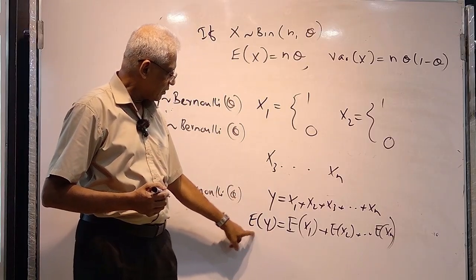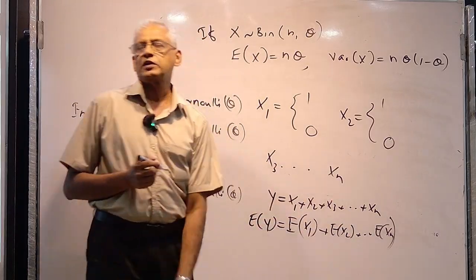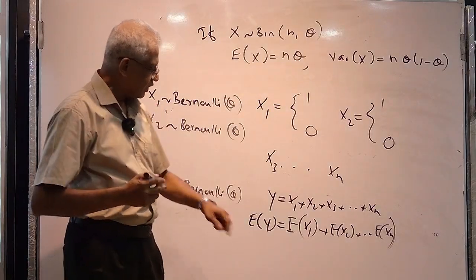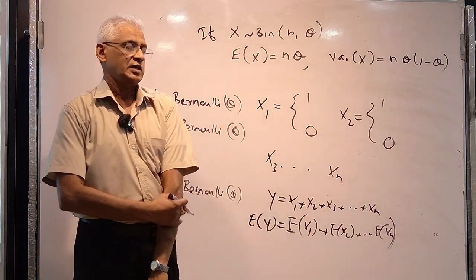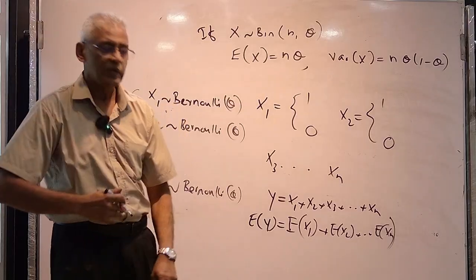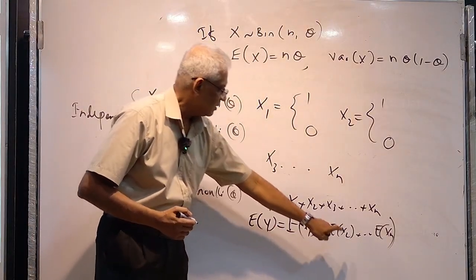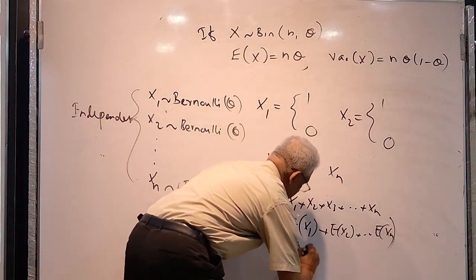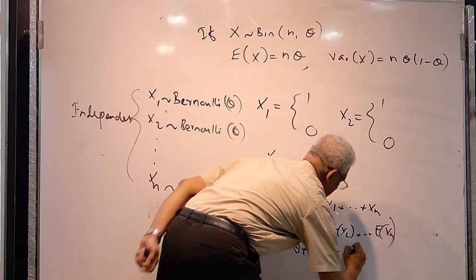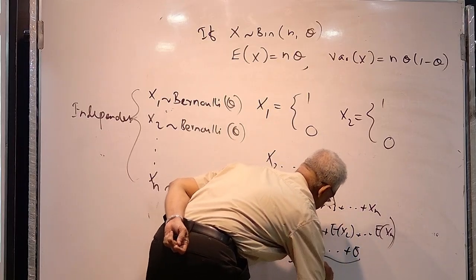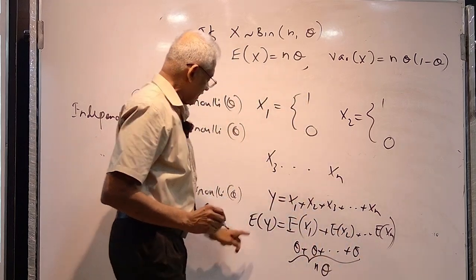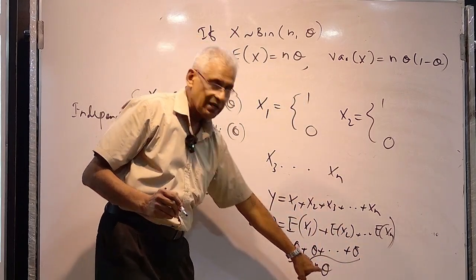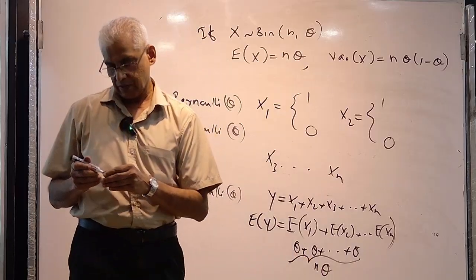Expected value of y should be equal to sum of the expected values of x1 up to xn, and we know from the Bernoulli distribution, this is theta, this is theta, this is theta. So therefore, theta plus up to theta n times. So that is why you get expected value of y to be n times theta.